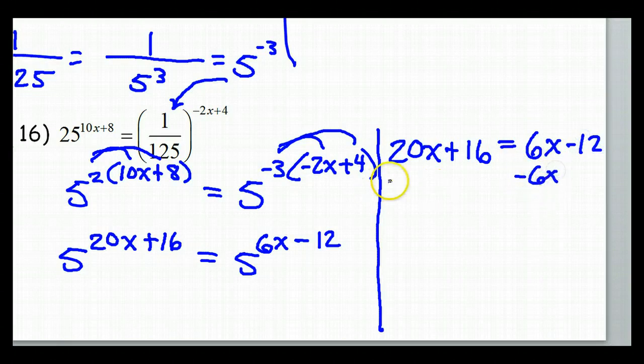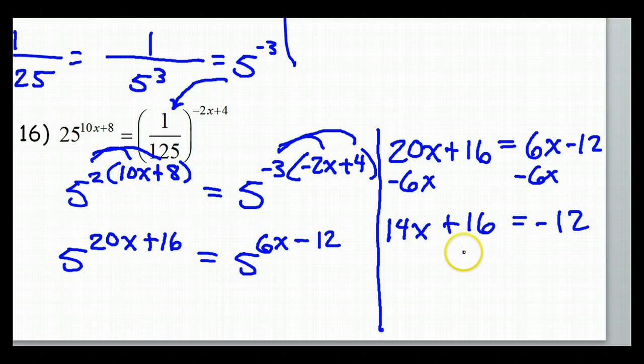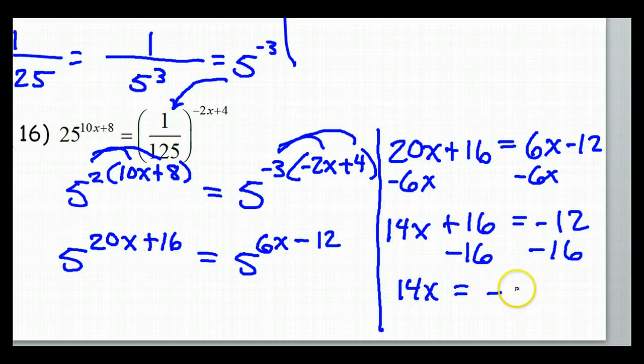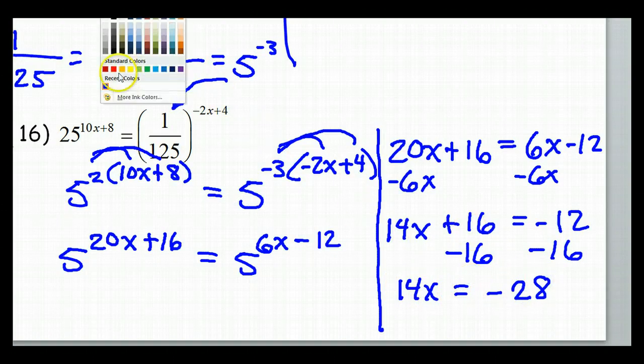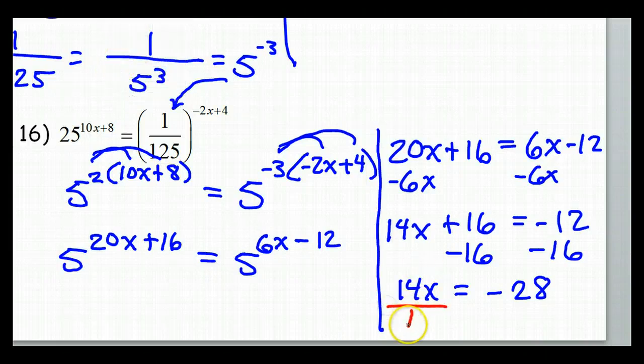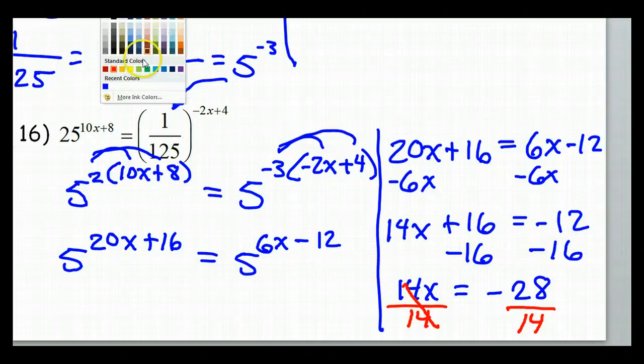I would subtract 6x from both sides, so that's going to give me 14x plus 16 is equal to negative 12. Then I will subtract 16 from both sides. So that's going to give me 14x is equal to negative 28. Last step is to divide both sides by 14. Okay, and that is going to give me x equals negative 2.